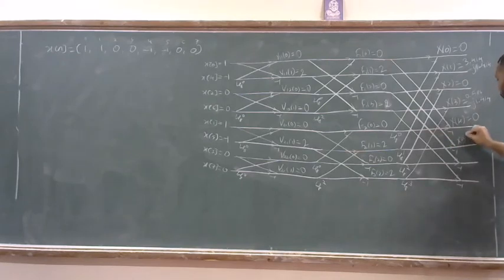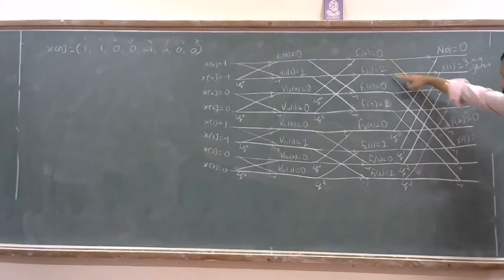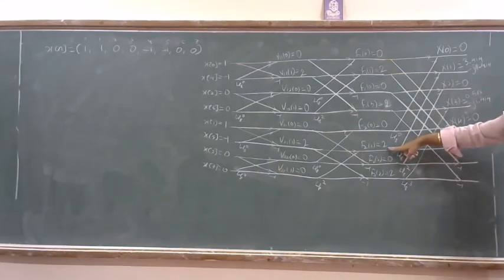X of 5 will be the conjugate. It will actually be 2 minus W81 multiplied by 2, where W81 is 0.707 minus j 0.707. It will be the conjugate of 0.586 minus j 1.414, so it becomes 0.586 plus j 1.414.